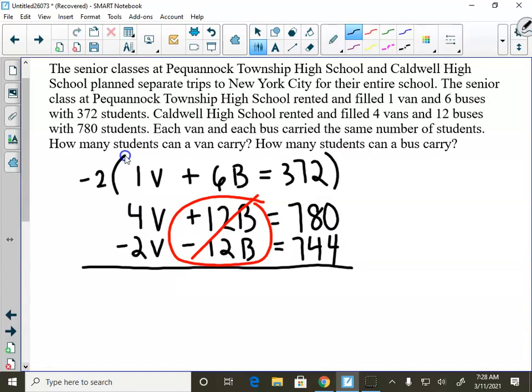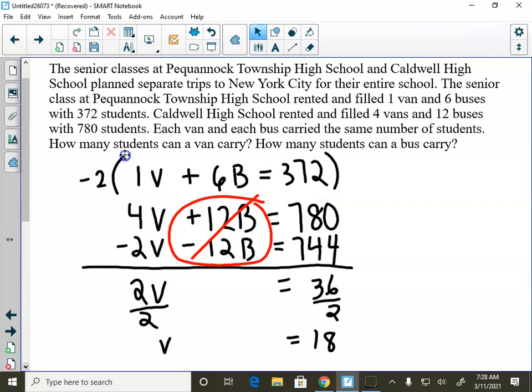So that leaves me with 2v over here is equal to 36, and then divide by 2, and v is equal to 18. So you can see how quickly we found out how the van worked.